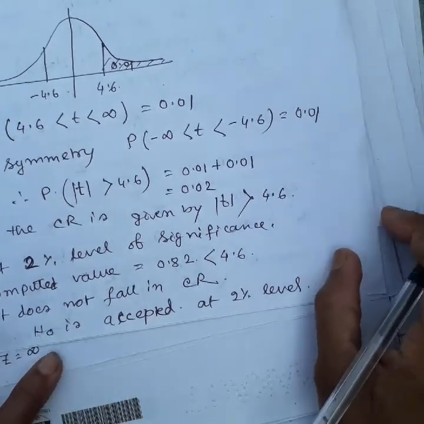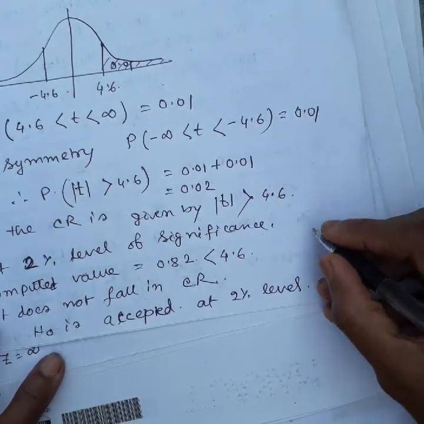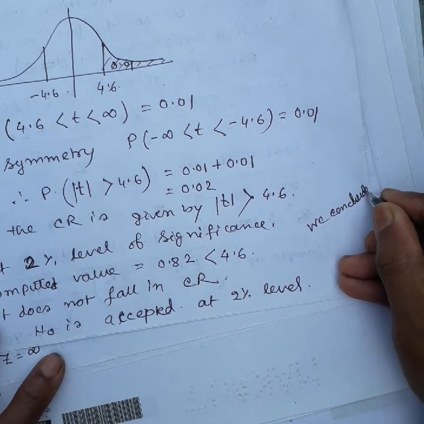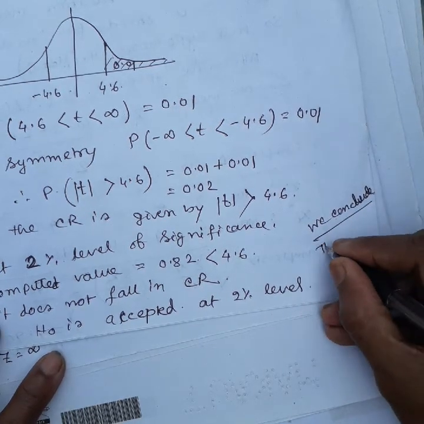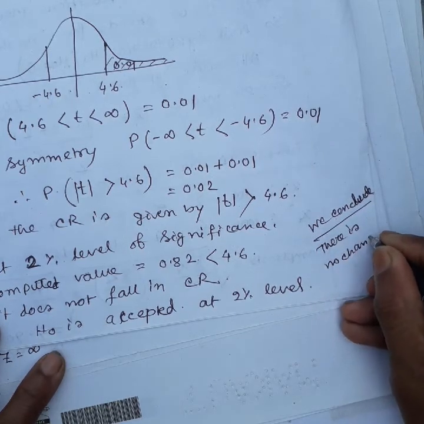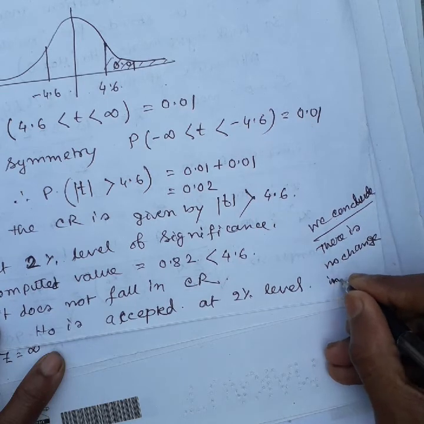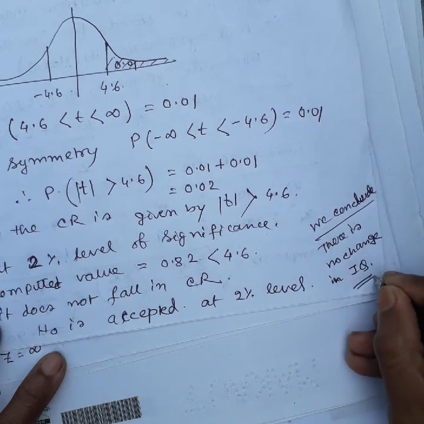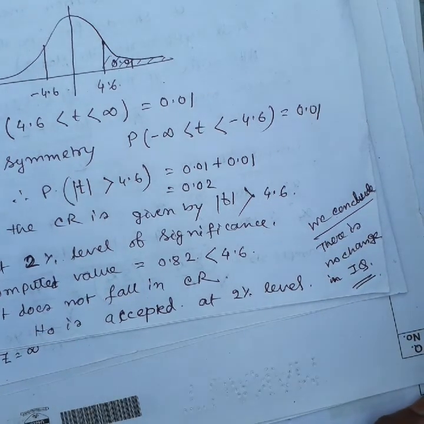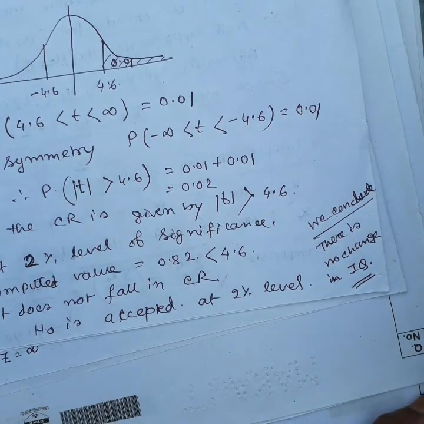Okay, that means there is no change. We conclude here that there is no change in IQ. Okay, this is our conclusion. So in our next lecture we discuss the difference of mu.